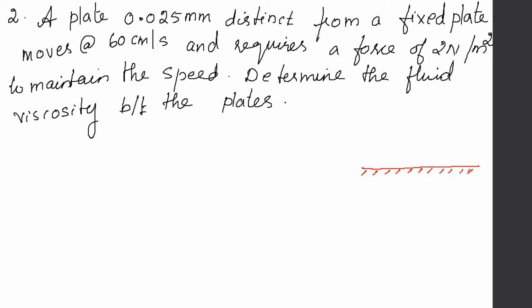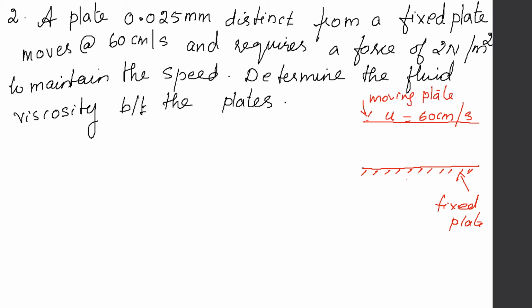You have another plate that is called a moving plate, and this moving plate is moving with a velocity of u is equal to 60 centimeter per second. So this is the fixed plate and this is the moving plate, moving with a velocity of 60 centimeter per second.